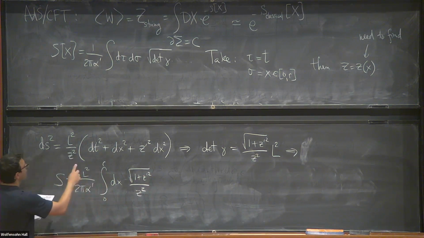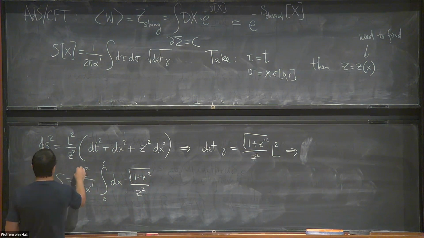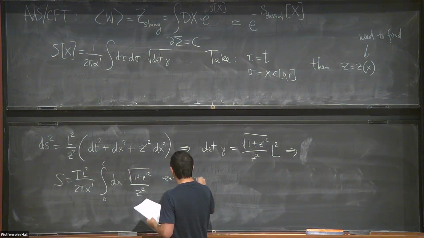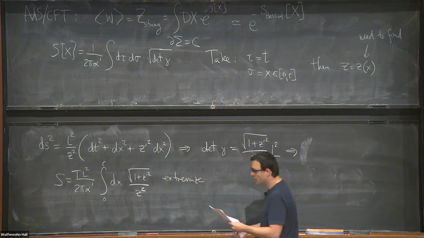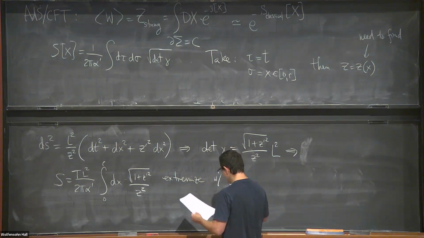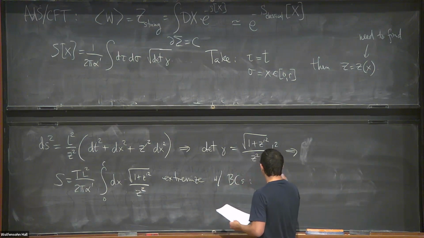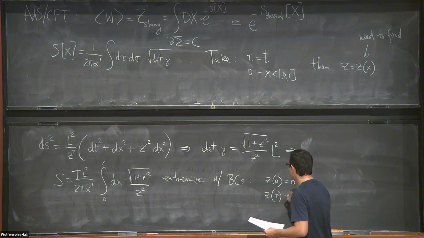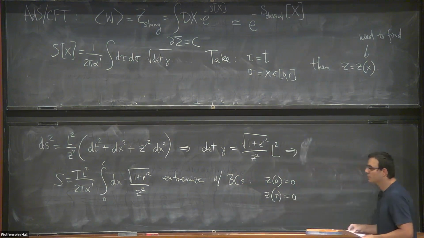And here we can integrate the time coordinate and get the total time, which is capital T. So the rule is to extremize this, meaning find the z of x that extremizes it with boundary conditions that z of 0 is 0 and z of r is also 0, meaning that the surface is anchored on the boundary.